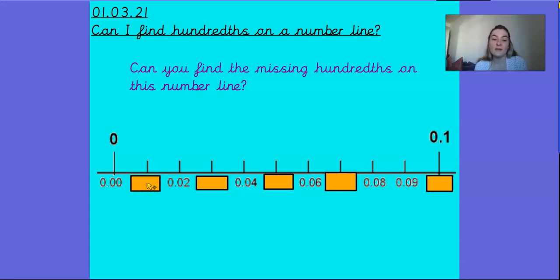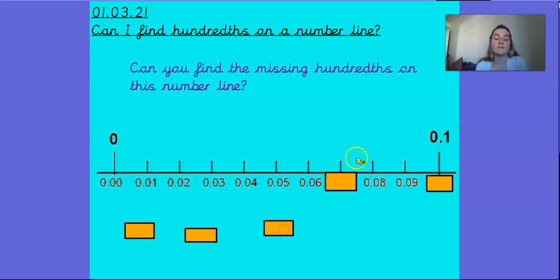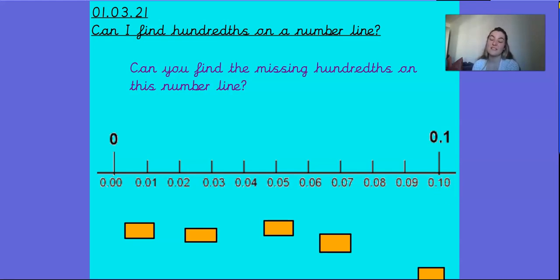Okay, welcome back. Let me just reveal 0.01, 0.03, 0.05, 0.07 and 0.10. You could also write it as 0.10, or you could just write it as 0.1 here.